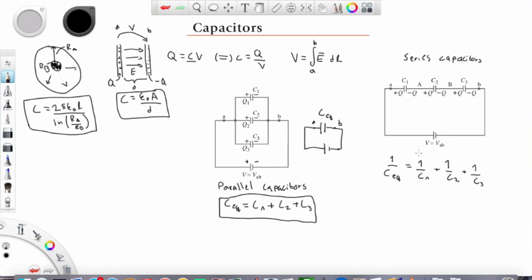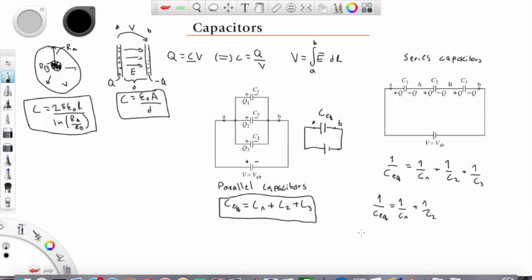Often, however, in real circuits, you don't see more than maybe 2 capacitors in series. And let's see how we can have a little shortcut with those. So in that case, the C equivalent would be 1 over C1 plus 1 over C2.